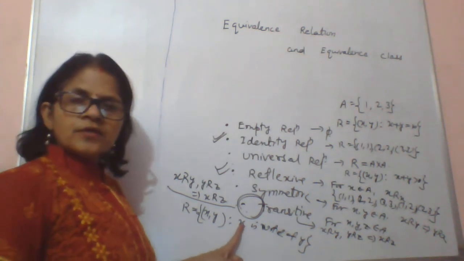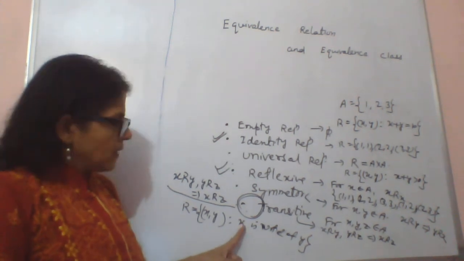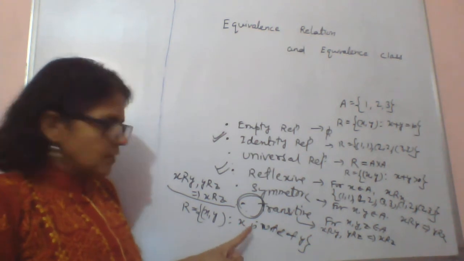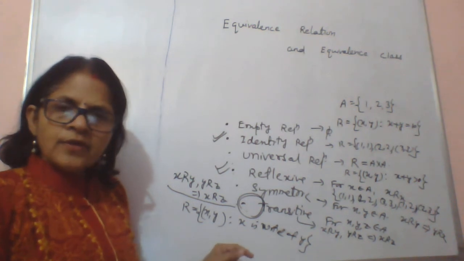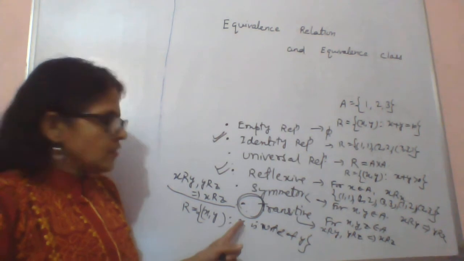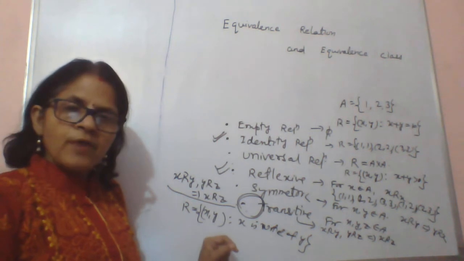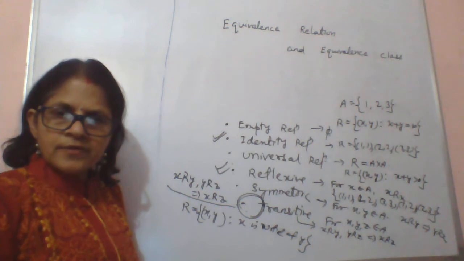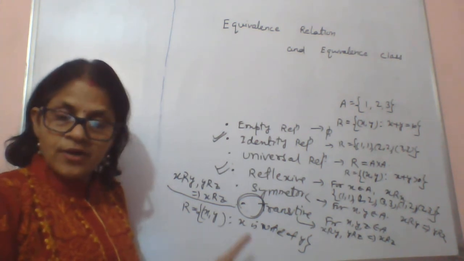The question is to check whether it is reflexive, symmetric, transitive or not. To check reflexivity, you have to see whether x is wife of herself. It's not possible, right? So the relation is not reflexive. Also, if x is wife of y, it doesn't imply y is wife of x. So the relation is not symmetric.